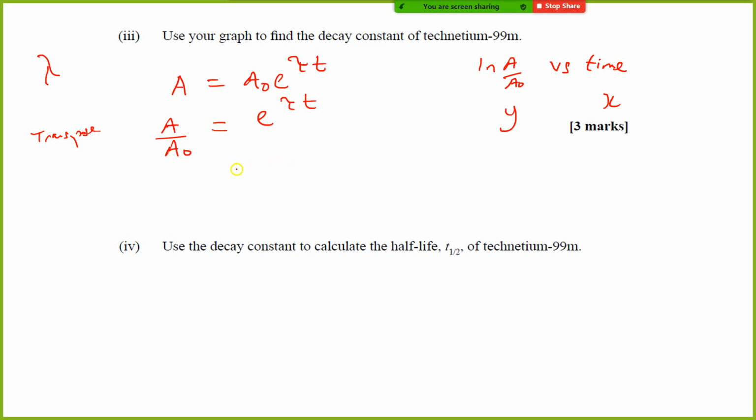Now, whenever I want to get rid of e, I have to take ln on both sides. This is in a bracket here. So all I'm doing now is multiplying both sides by ln to cancel or basically get rid of e.